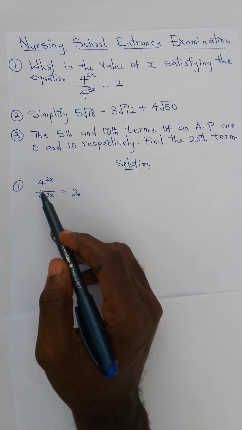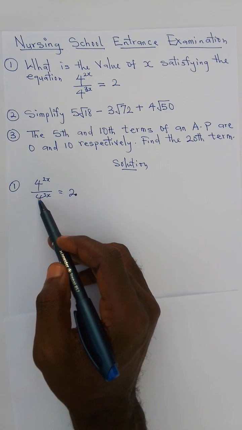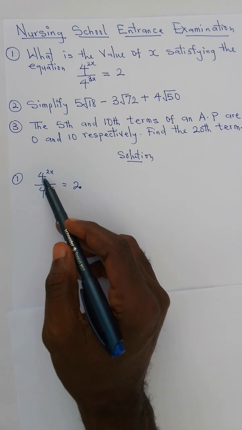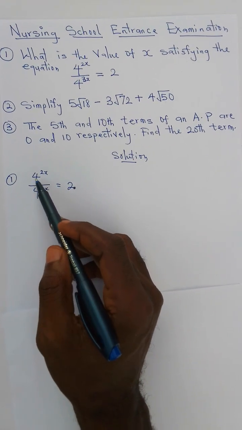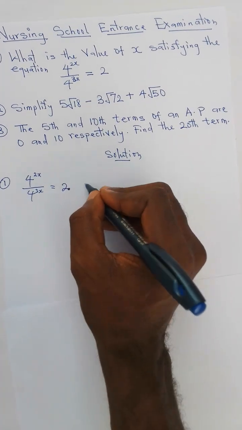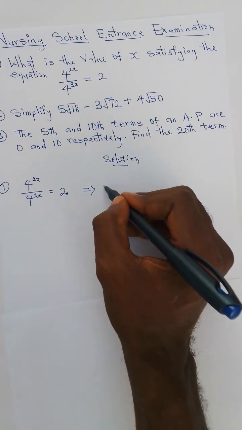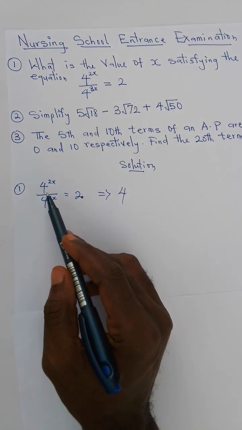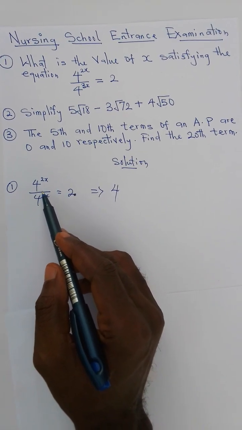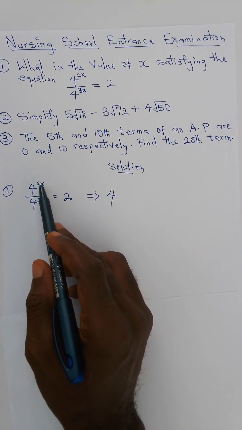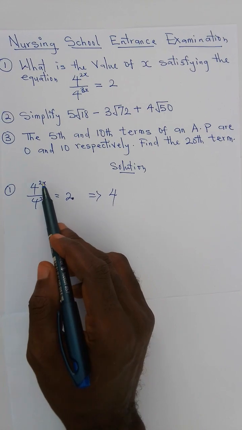Now you can see this 4 and this 4, they are the same. So according to the law of indices, when we have the base number equal, we don't need to divide it. So we are just going to take this 4. So let's say we are going to take that 4 to be 1. Then the division law states that when the base number are the same, then we subtract this power.